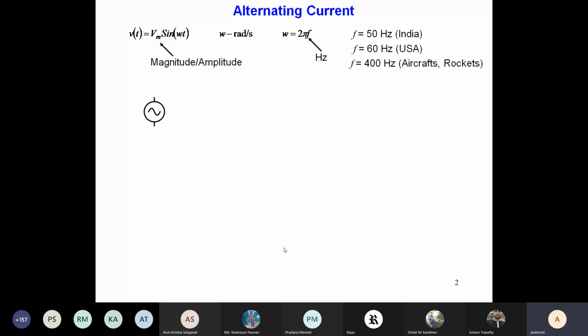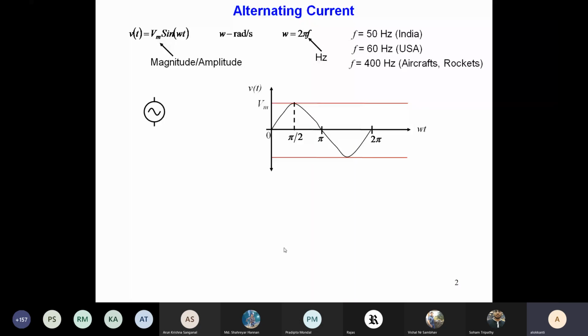This is the symbol of the alternating source. It could be a current source or a voltage source, and the equation that we have just written, Vm sine omega t, basically looks like this. You can draw a better graph by using some software; I just did it by hand. The sine wave is periodic, and we are plotting with respect to omega t.